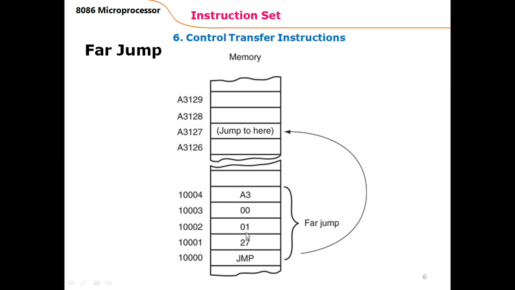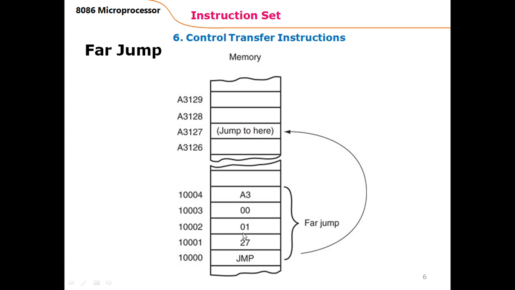These two bytes would provide the new content of the instruction pointer. 0127 is the new content of the instruction pointer. 8300 is the new content of the code segment. So a 0 is appended at the right side to make it a 20-bit value. So 83000 would be the starting address of the next code segment, which is defined somewhere here.